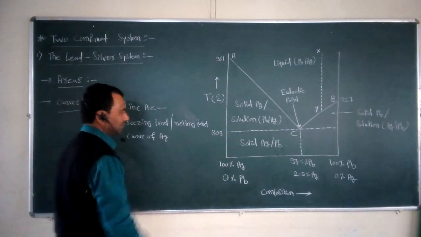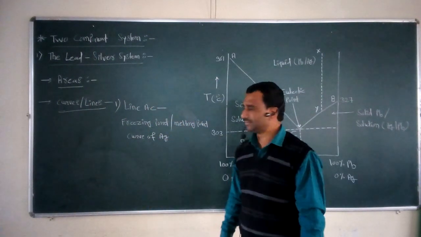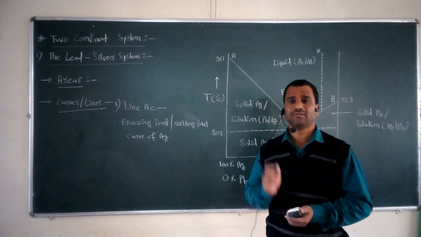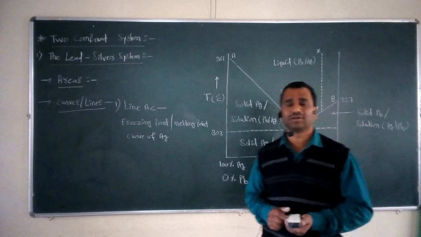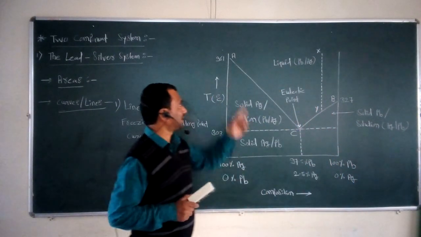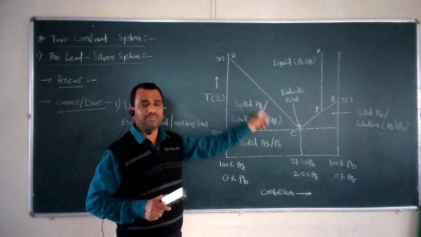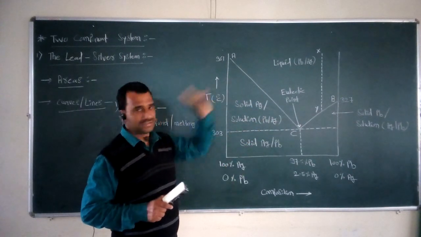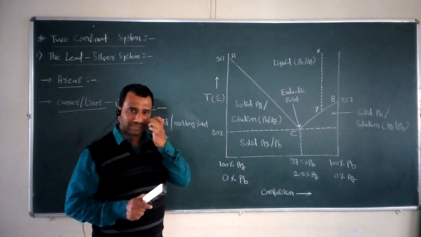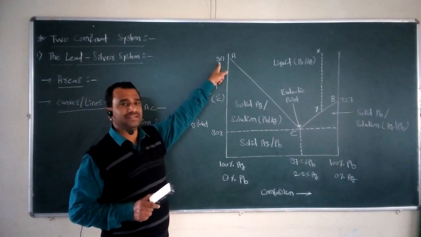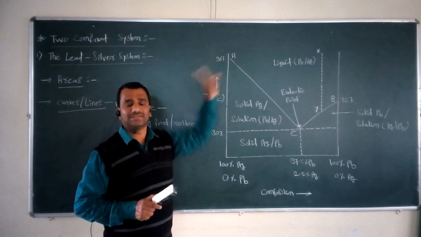So whenever we consider the first important line or curve, line AC, it is called the freezing point or melting point curve of silver. In this case, the melting point of silver is equal to 961 degrees centigrade.